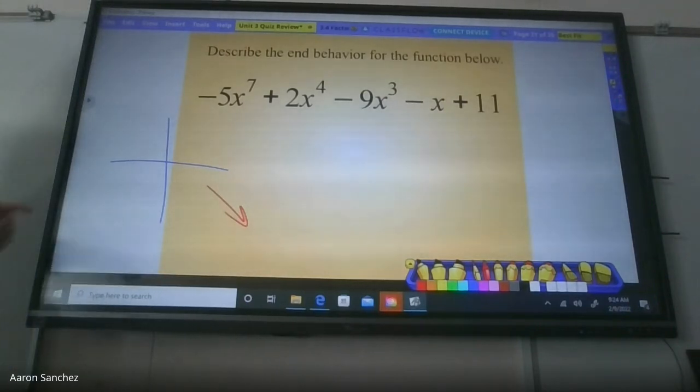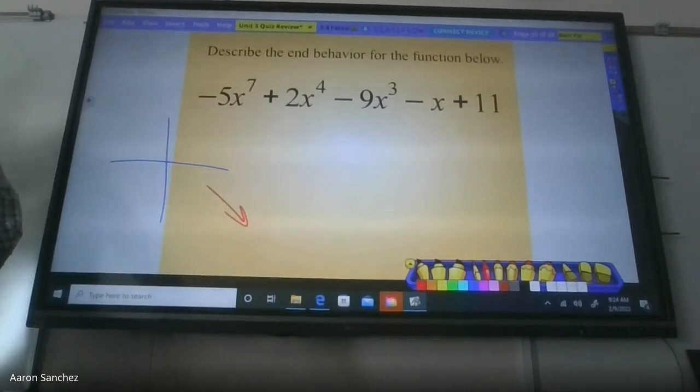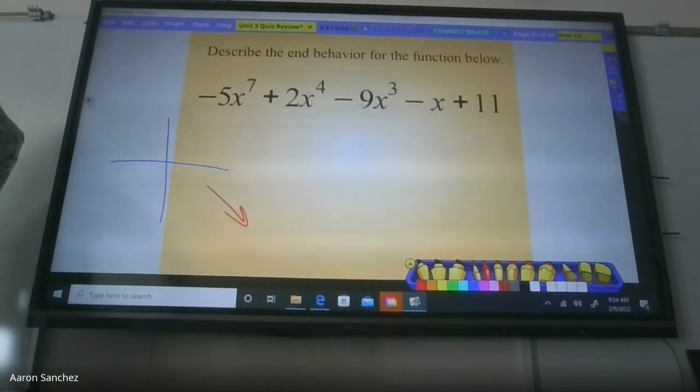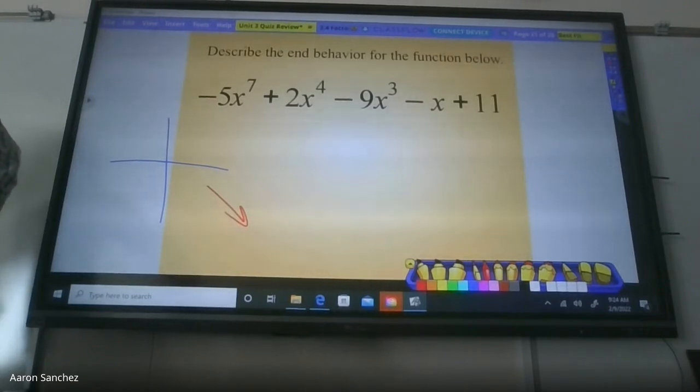Okay, now this side could either be going this way or this way. Now, if this is going down, could we say that this is the same and this is opposite? Okay, same, opposite.